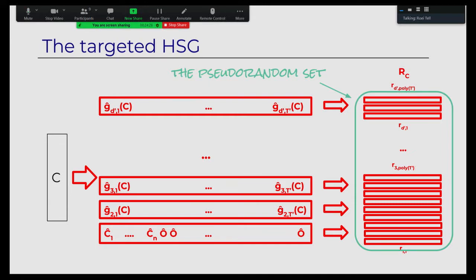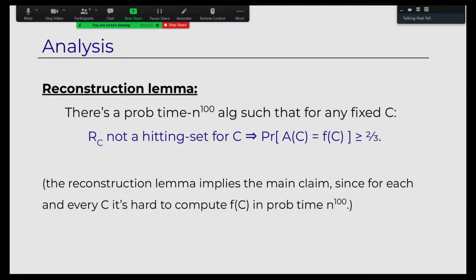All right. Why does it work? Well, we're going to apply a non-black-box version of the usual reconstruction type arguments. If there is a distinguisher, then there is someone that computes the hard function. The new part here is that both players get this fixed C. This entire game is carried out with respect to this fixed string C. So why is this true?